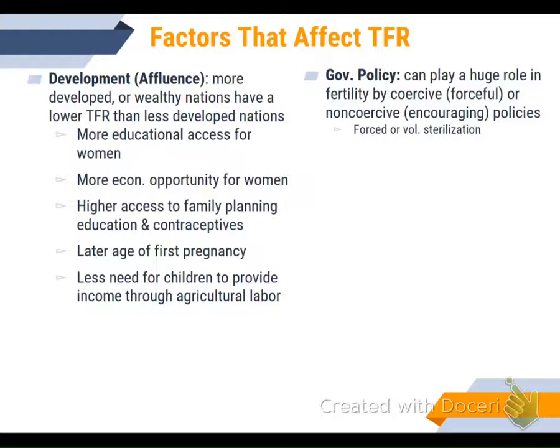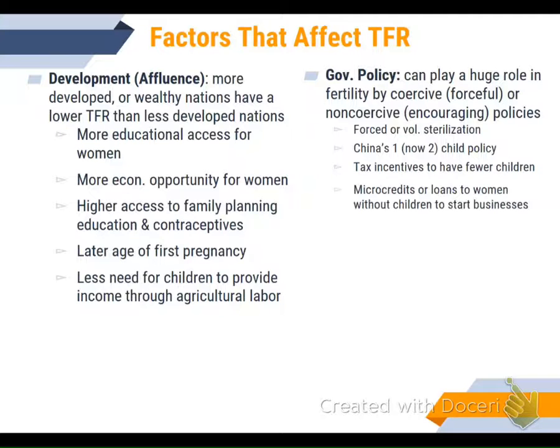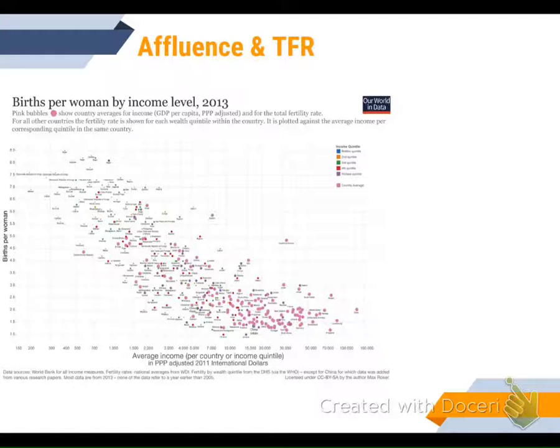Sometimes people are forced or sterilized after one kid. There was China's now two-child policy. Sometimes you get tax incentives to have fewer kids. That can be very helpful also. You get loans to women to start a business. Therefore, they're less likely to have kids.